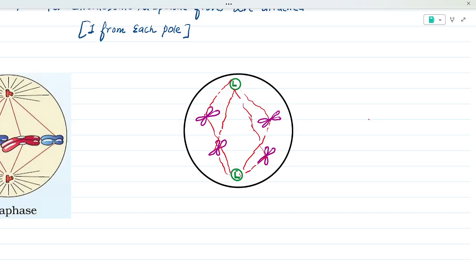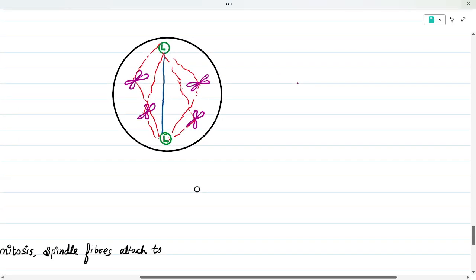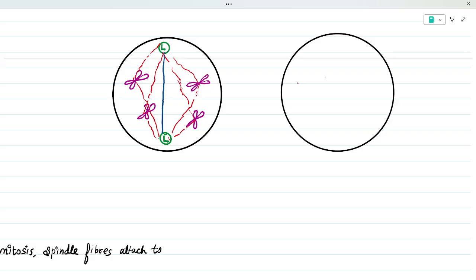These are the discontinuous fibers, and there is a continuous fiber that is connecting one pole to another pole. Initially they were scattered throughout the cytoplasm, then in metaphase all these chromosomes move and get aligned in one straight line, that is at the equator.